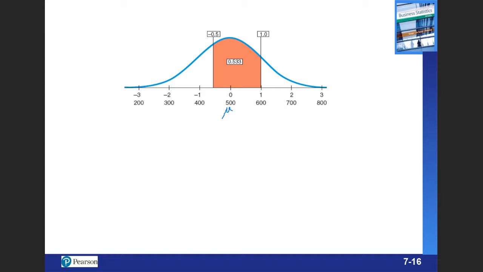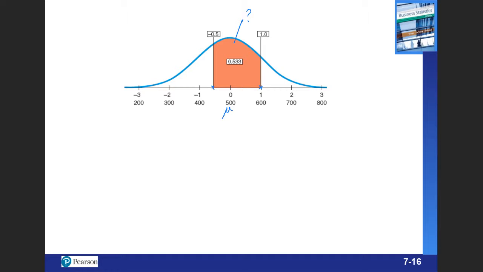Now the manager is saying applicants with GMAT scores between 450, so let's assume that's 450, and 600. So between those two scores. The manager wants to know what percentage of all test takers that corresponds to. So what's the percentage between 450 and 600? That's the goal of this calculation.